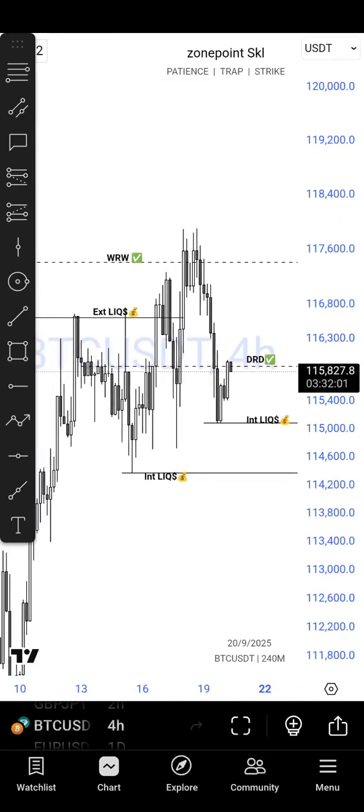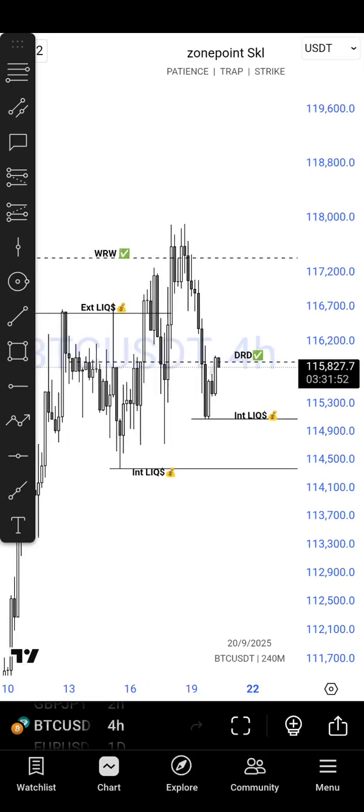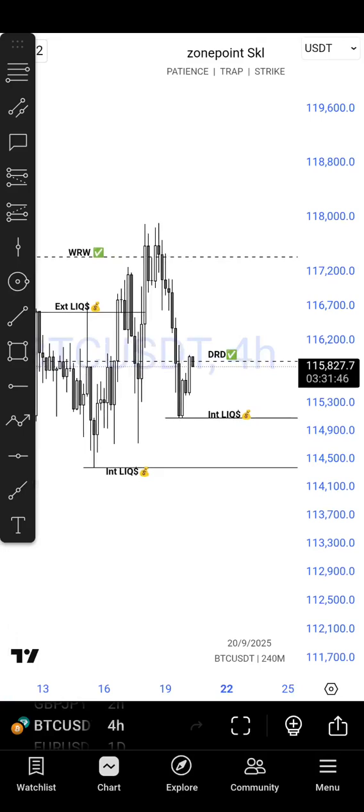So we have weekly rejects weekly, fine, and make it bearish, and we have this external liquidity being swept to the upside, fine, and we have this daily rejects daily from our daily. We have this internal liquidity from our daily. This external liquidity below is from our weekly.